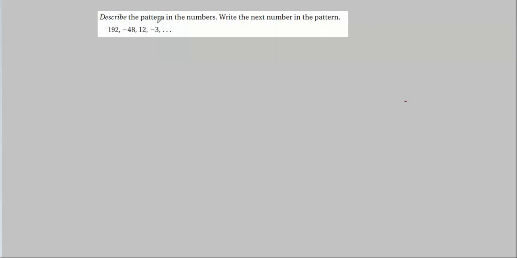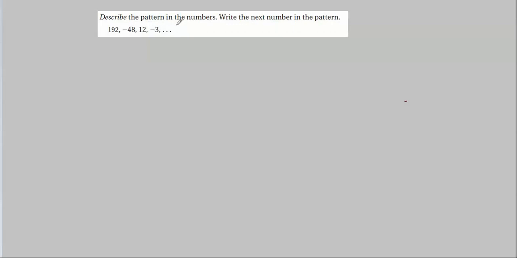So we see a pattern of, as we're going down this direction, dividing by 4, except that the signs are alternating. But we can solve that problem if we just keep dividing by -4. Divide 192 by -4 and we get -48. -48 divided by -4 is going to give us a positive 12, and on down the line.